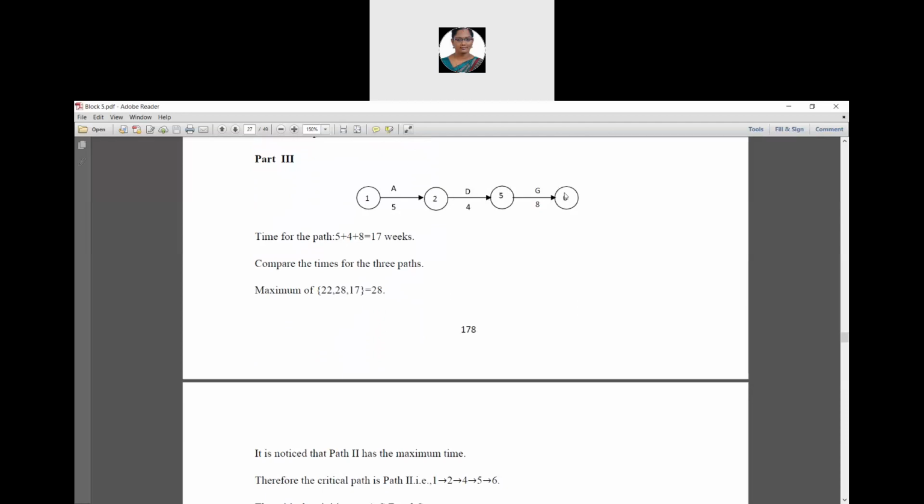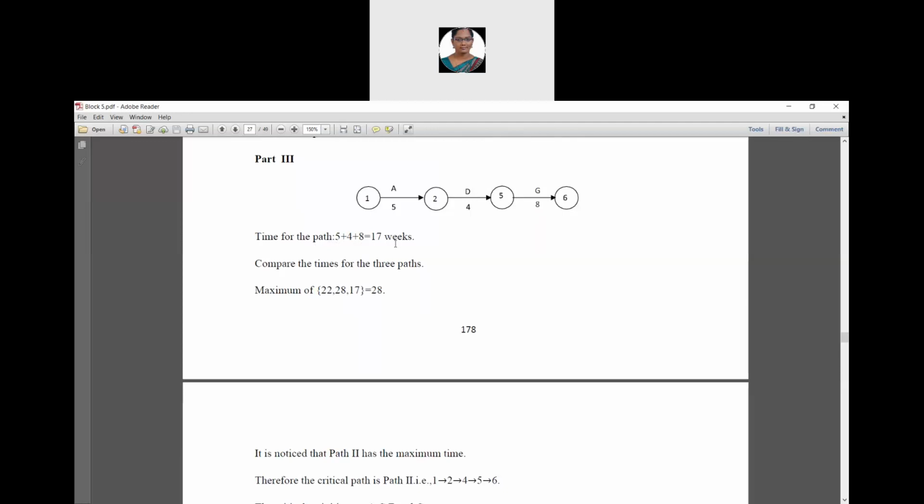And 5 to 6 is there. It has an activity G and its corresponding time duration value is 8. So time for this path 3 is 5 plus 4 plus 8. It is 17 weeks. So now we are going to find the critical path for this project network.